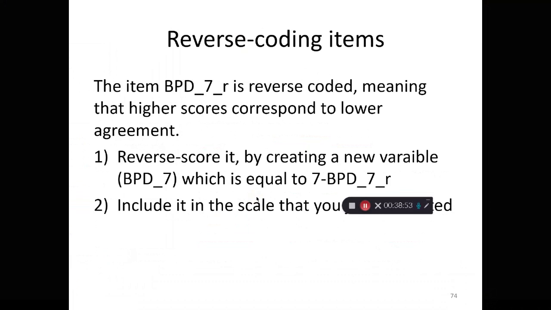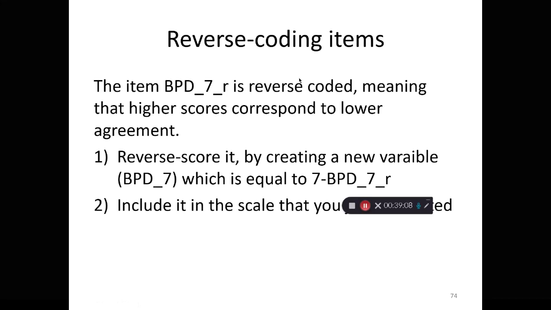Now we have an item BPD7_7_R that is reverse coded, meaning that, well, typical items go between 1 and 7, where 7 means more borderline personality disorder.